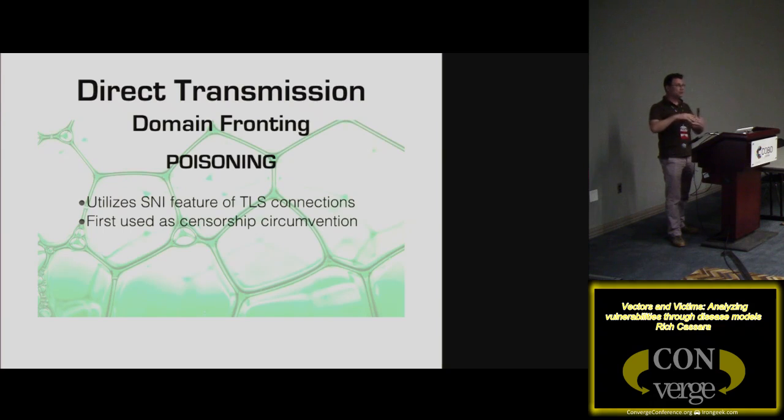If you were behind a repressive firewall that wasn't allowing you to see certain things, you could have your client specify a connection behind this endpoint, and the firewall is only looking at the outside of the packet, which says I'm going to this Amazon CloudFront point. That's allowed through because there are many legitimate resources behind there, but the SNI part of the packet was not being inspected by the firewall, and that allowed a client to communicate directly with a server that the firewall may not have wanted them to communicate with.